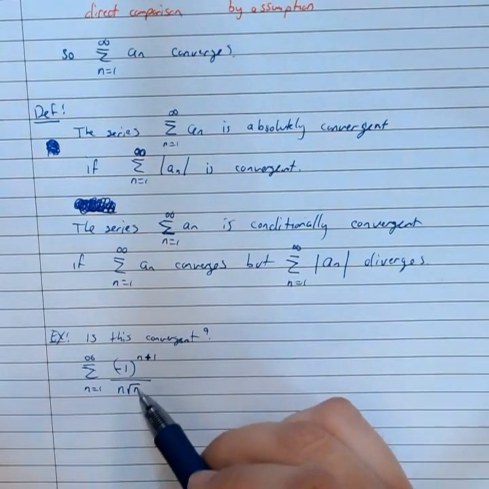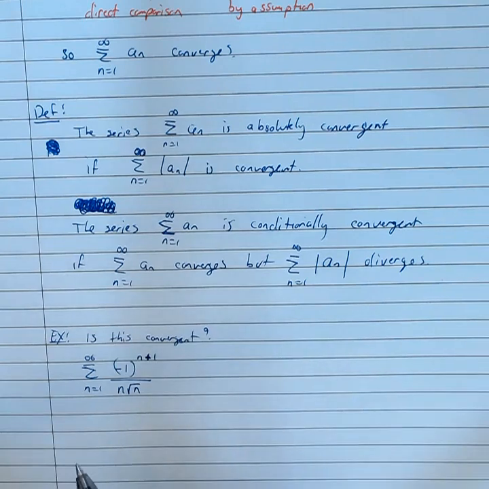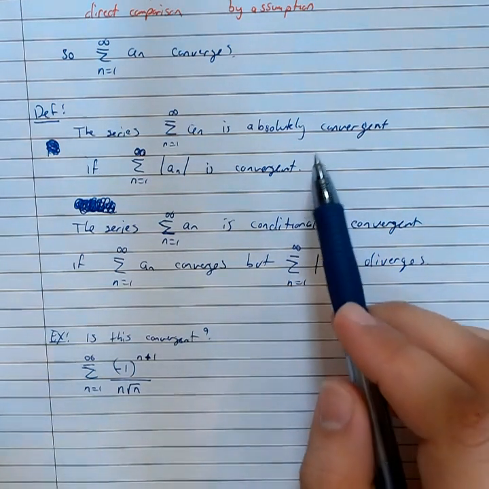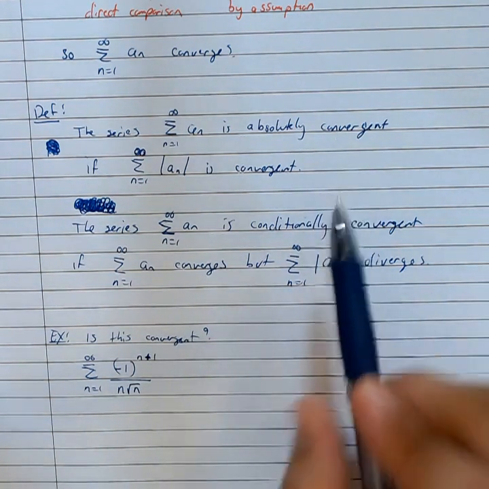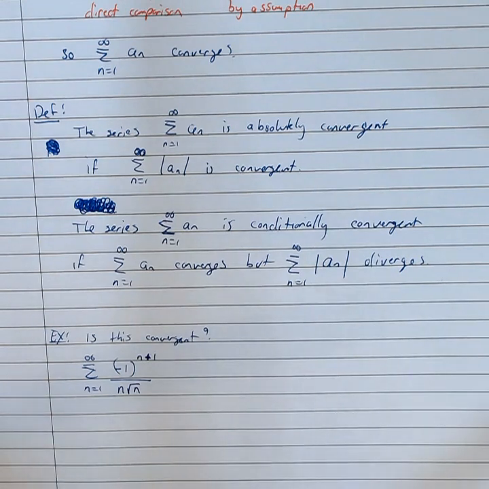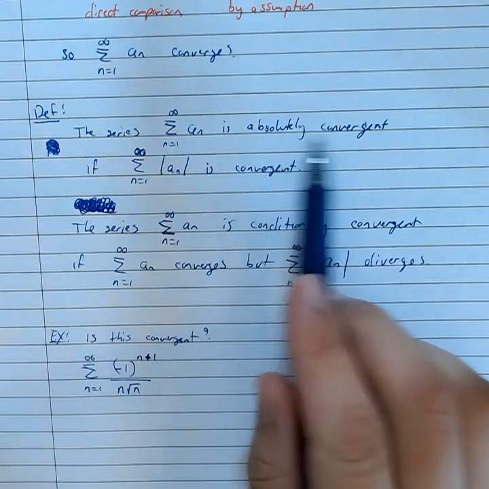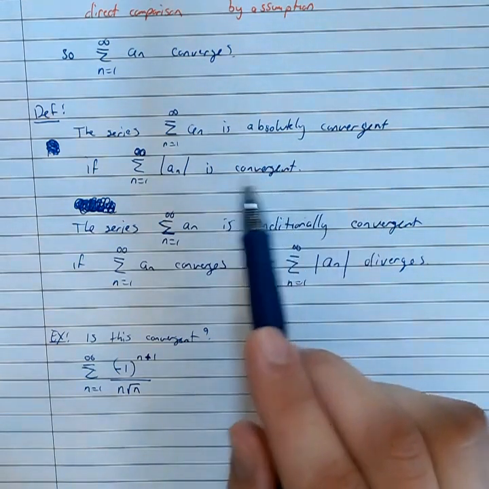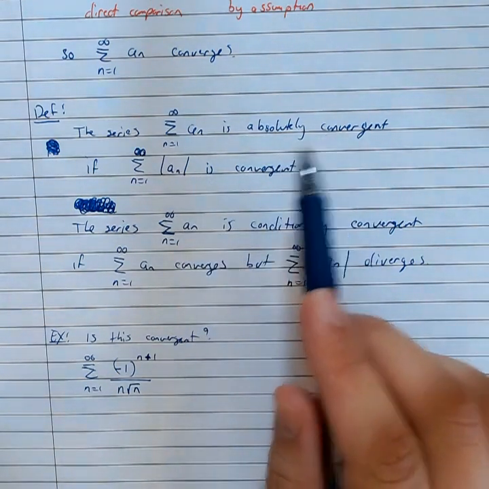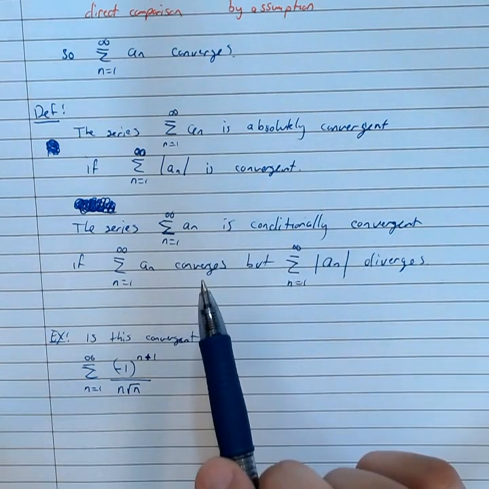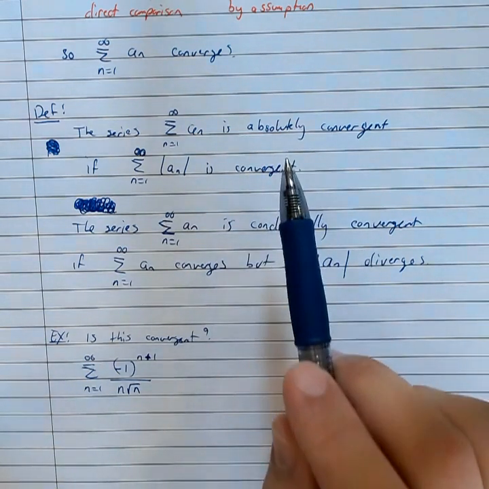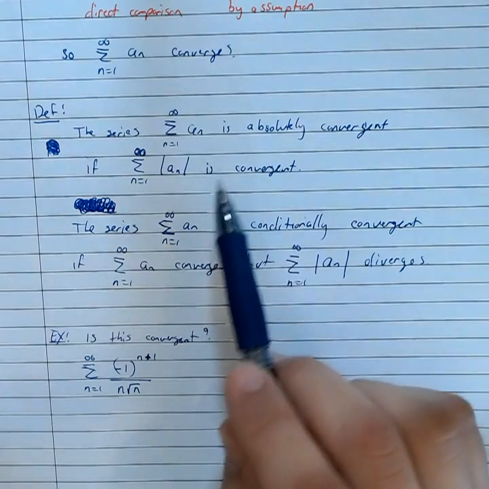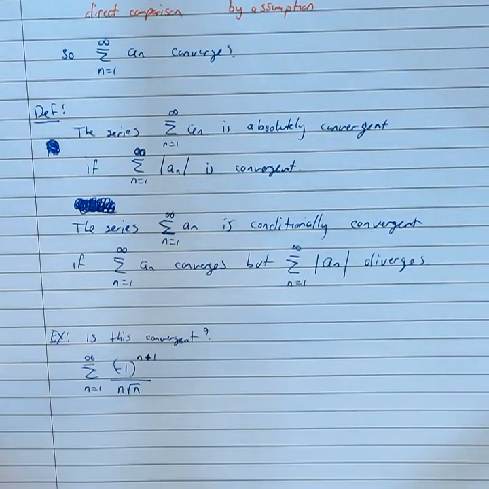But when you have an alternating series, that's the time when we really want to consider absolute versus conditional convergence. Start by considering absolute convergence. It's the stronger of the two. If it's absolutely convergent, you're done, because that automatically implies everything else is convergent. If you try for absolute convergence and you don't get it, that's when you try for conditional convergence.